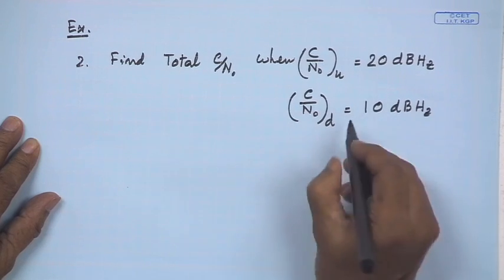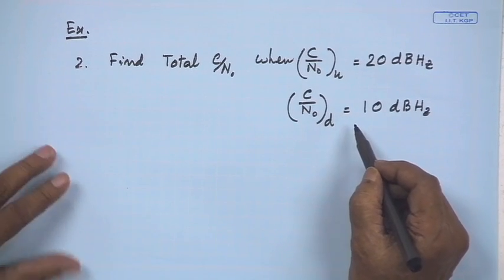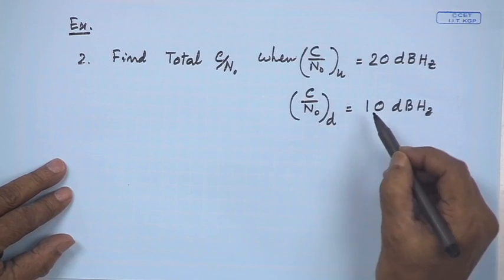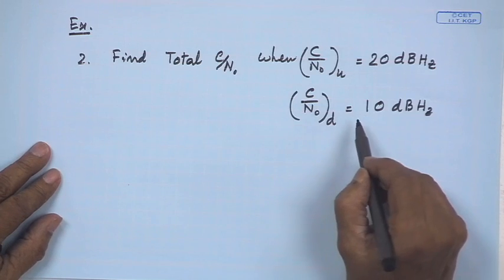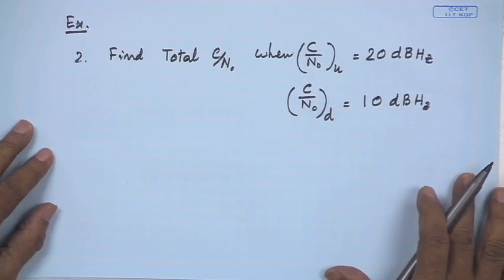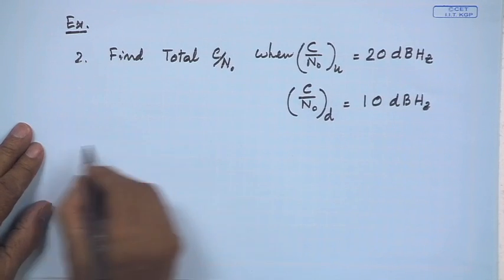When the downlink C by N 0 is 10 dB, that is 10 times lower than the uplink. So, downlink is now 10 times lower than the uplink, just put one condition. Then let us see what is the effect on C by N 0 total.